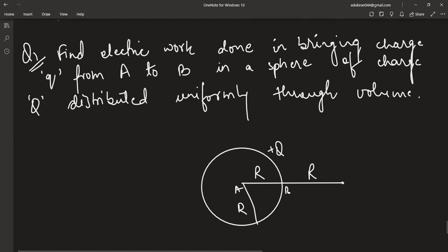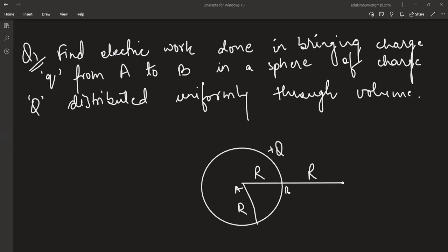See here, this question says: find the electric work done in bringing charge q from point A to point B in a sphere of charge plus Q distributed uniformly through its volume. How will you start this question? Yes, Shahid. Work done you have to find out.